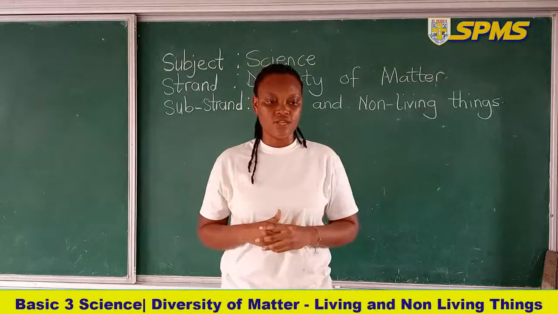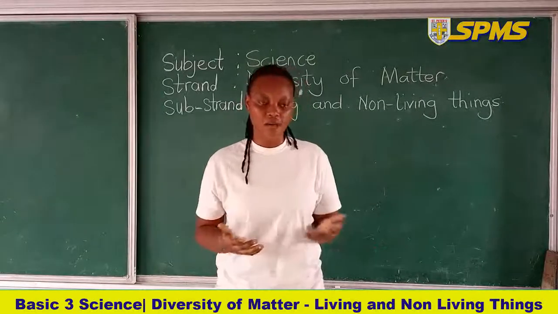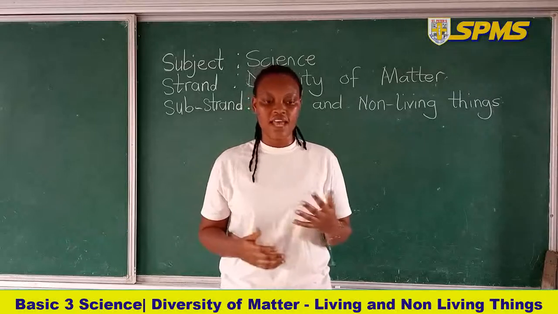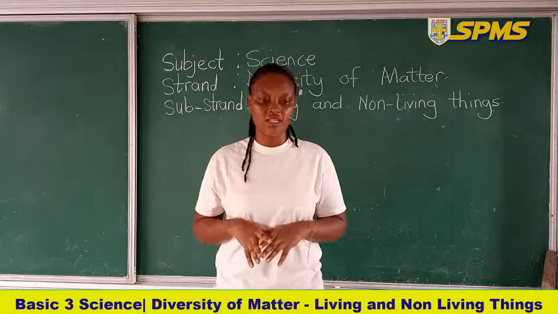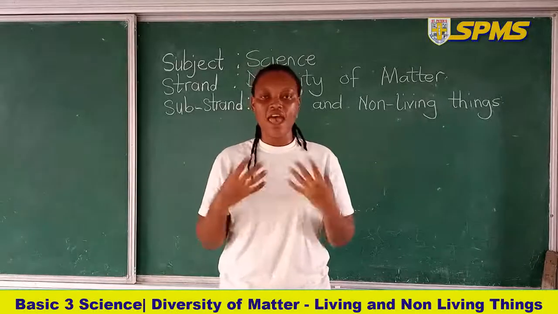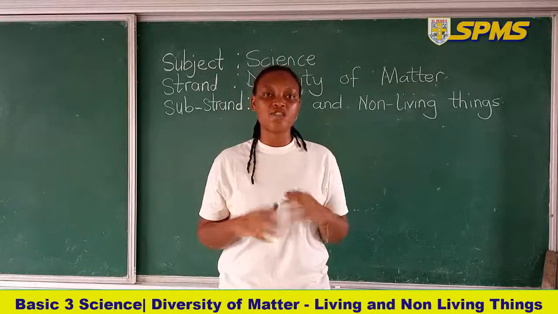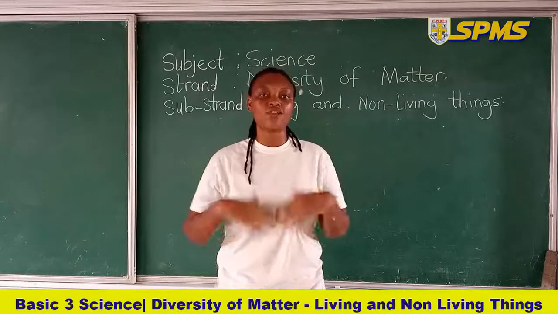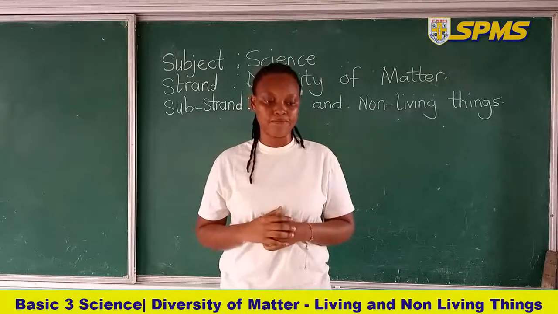So living things are either plants or animals. There are life processes that only living things exhibit. That is, there are things that only living things can show, that is exhibit, to show something.